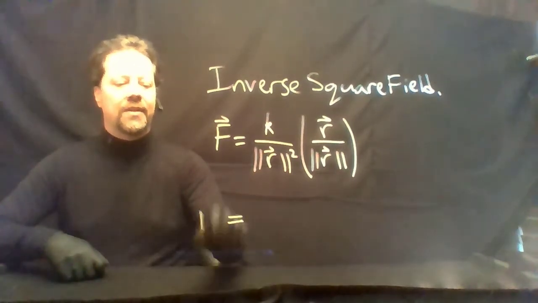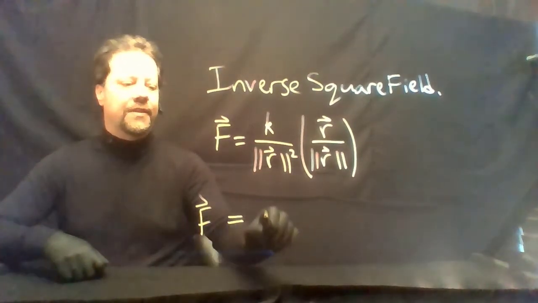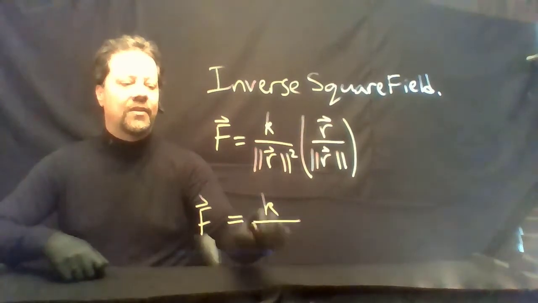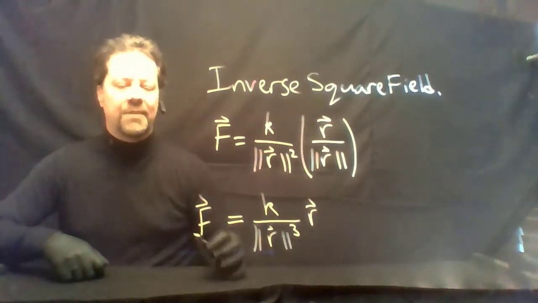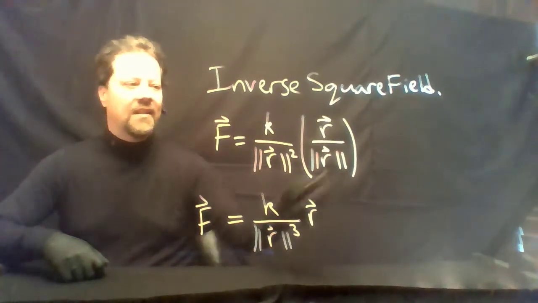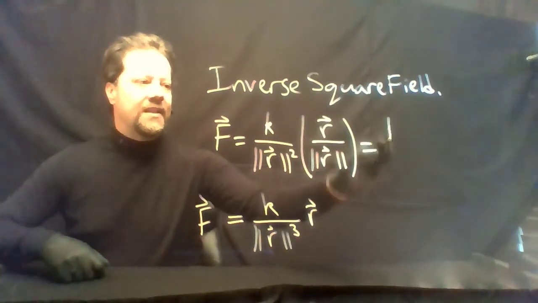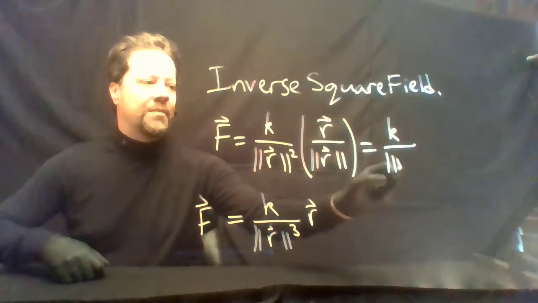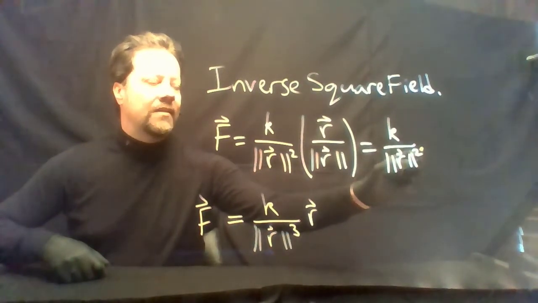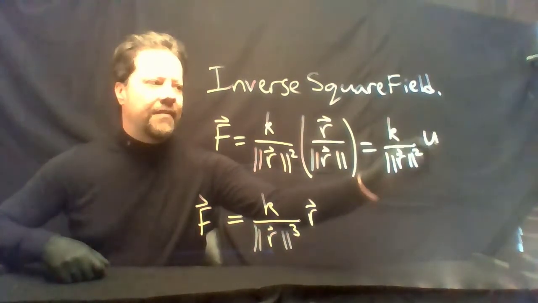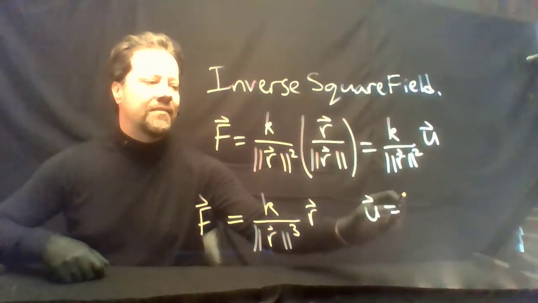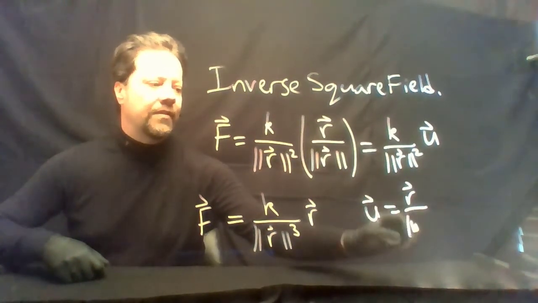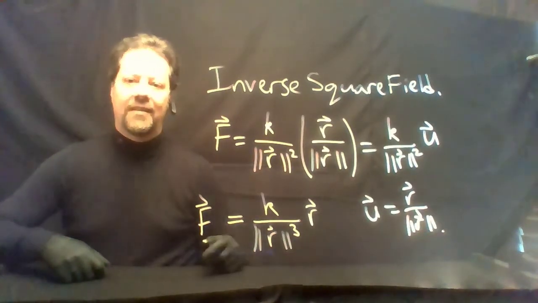In other words, every inverse square field is of the form k over the norm of r cubed times the position vector r. Sometimes you'll see these written as k over the norm of r squared times some other thing, say some unit vector u, where u is position over the norm of the position.